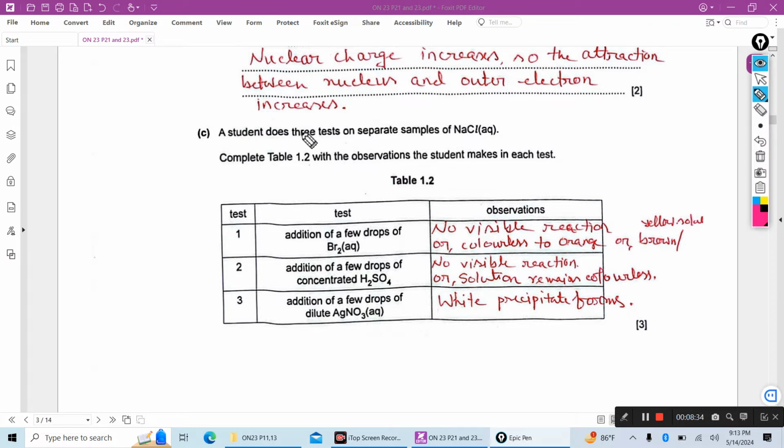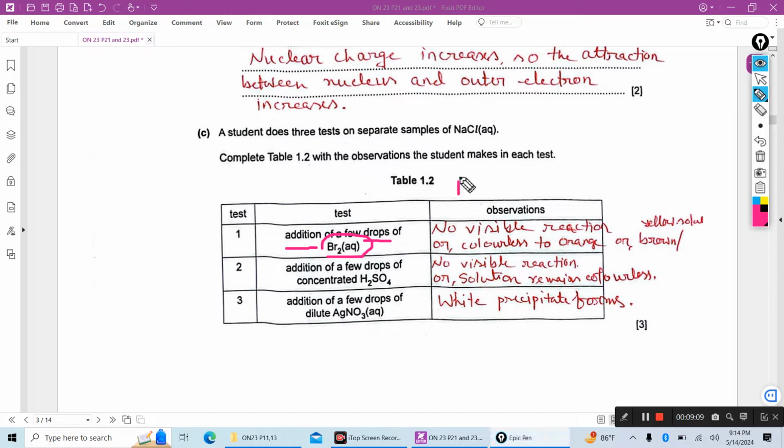Number C, a student does 3 tests on separate samples of aqueous sodium chloride. Complete table 1.2 with the observations the student makes in every test. Test 1, test observation. And you see, addition of a few drops of bromine, and you know aqueous bromine is yellow or orange in color.